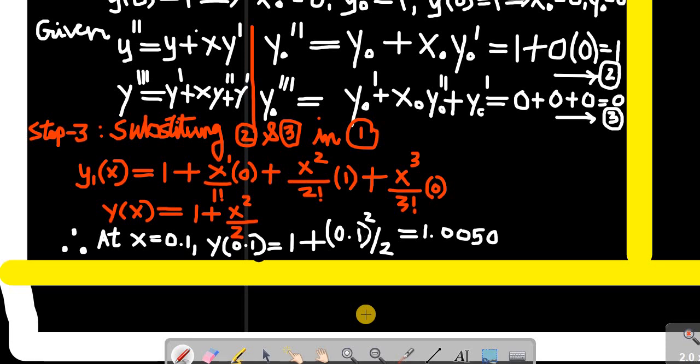Then with this I have to add 1. So plus 1 equals 1.005. That is the answer I am getting for the given problem.